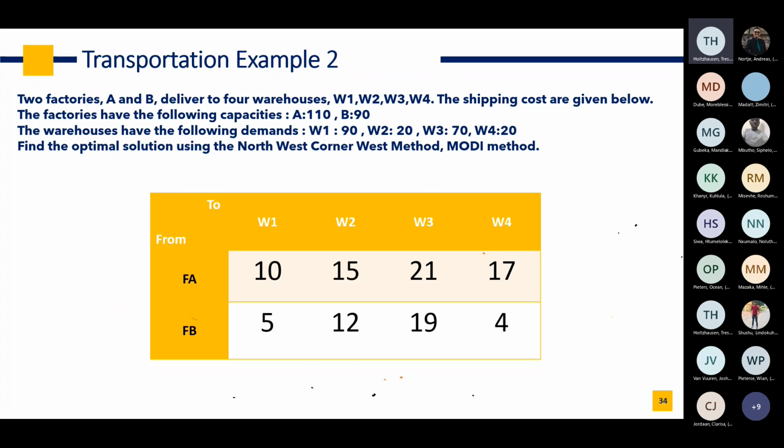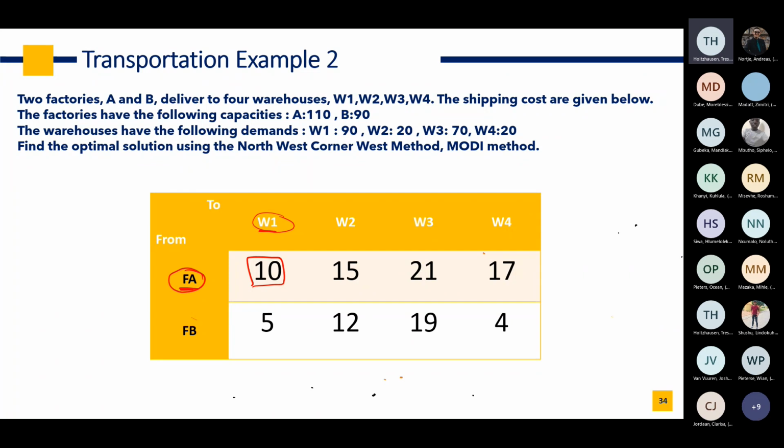Right. So here's another example. And again, you'll always get your examples with a couple of factories, a couple of warehouses and everything, and you'll be able to set it up in a table. Usually they'll give you a table where the costs are, where they're like, hey, going from factory A to warehouse 1, it's going to cost 10 units per unit, or 10 rand, dollars, whatever you want to call it, per unit of whatever item you're shipping.